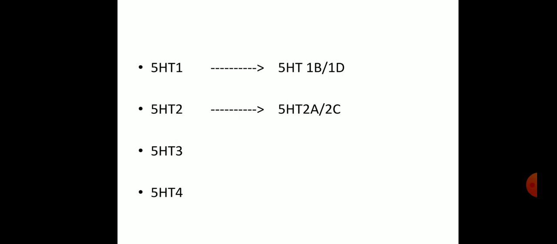For 5-HT2, the important subtype is 2A/2C. The 2A and 2C are similar types of receptors, so they are given as 2A/2C. And for 5-HT1, remember 5-HT1B/1D as subtypes, and also remember 5-HT1A. So if it is too complex, at least remember there are 4 receptors for serotonin: 5-HT1, 5-HT2, 5-HT3 and 5-HT4.